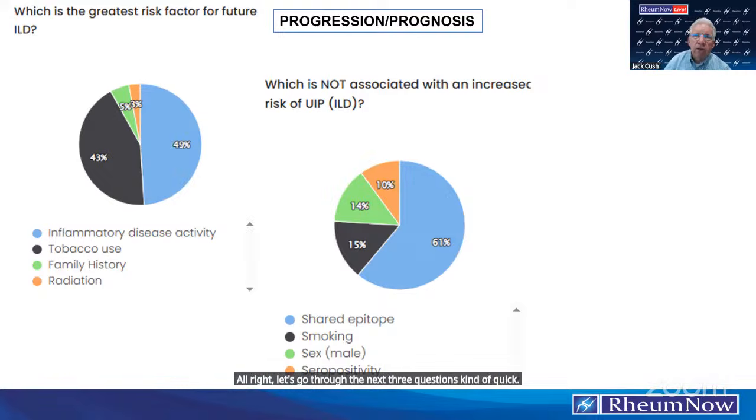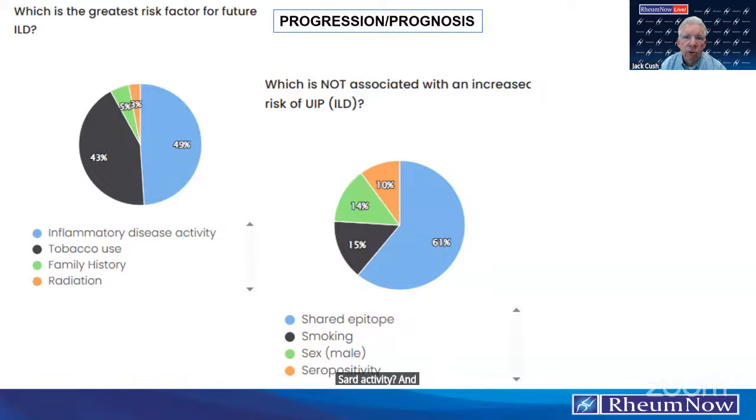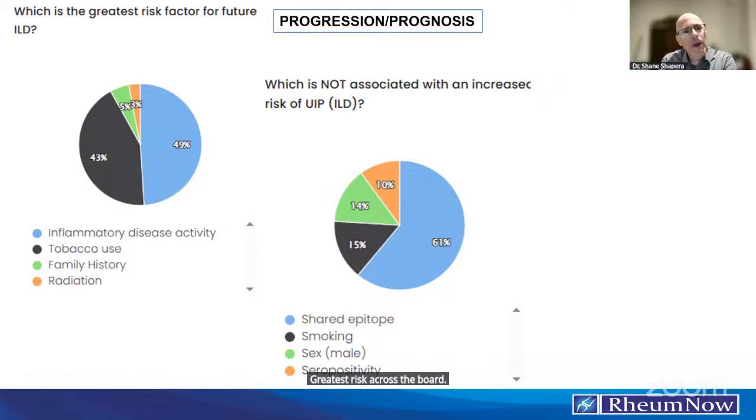What's the greatest risk factor for future ILD? Our audience was split on inflammatory SARD activity and tobacco use, less interested in family history and radiation. Is there a right answer here, Shane? Greatest risk across the board. Yeah, I'm not sure. I don't know the actual relative risks of these.